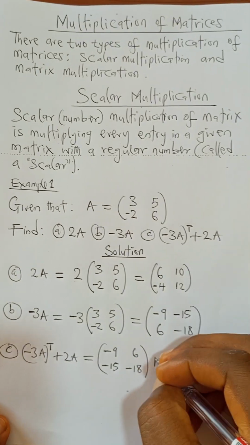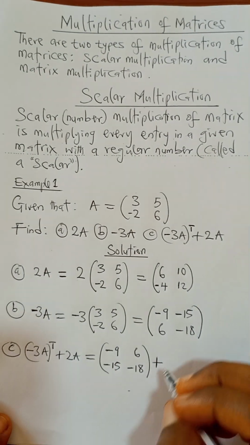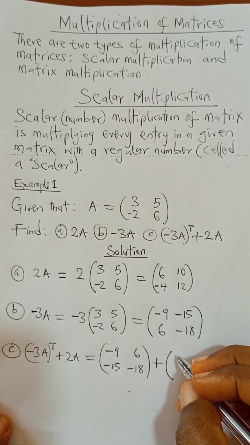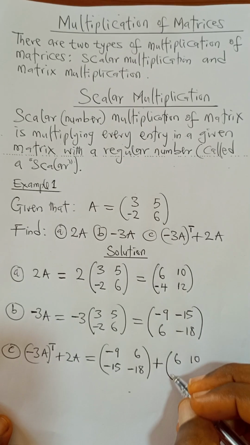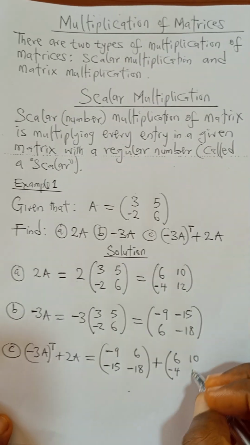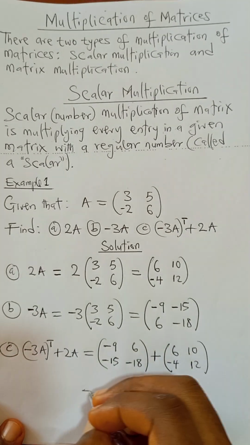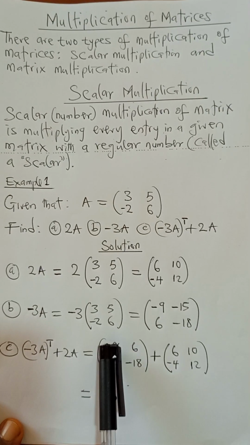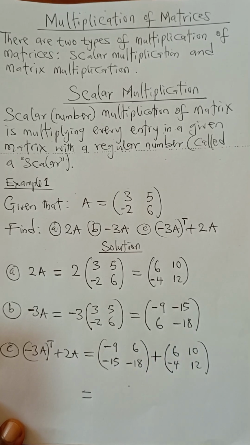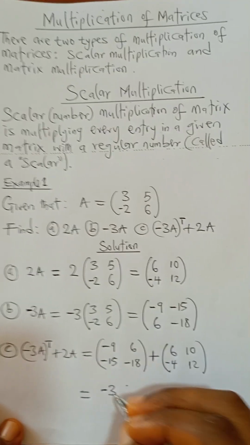Then you add 2A to it. We've already gotten 2A before, which is 6, 10, minus 4, and 12. So if you add these two, you will get this answer. Let's add. Minus 9 plus 6 will give me minus 3, of course.